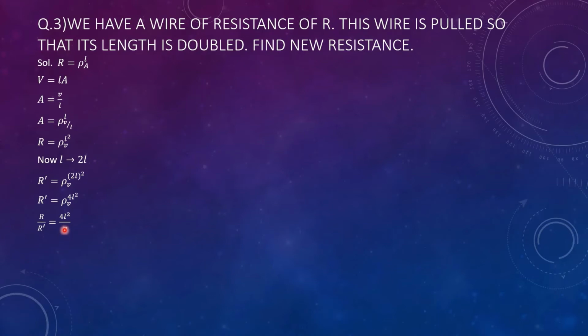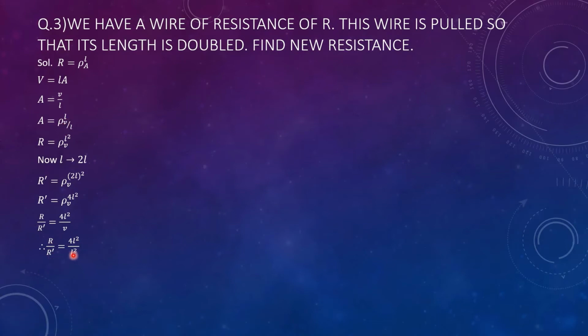4L square upon L square. L square will also cut. R and R dash, so cross multiply, it becomes R upon R dash. Actually here this value is wrong. Sorry for this. On dividing R upon R dash, from here 4L square upon L square will cut.